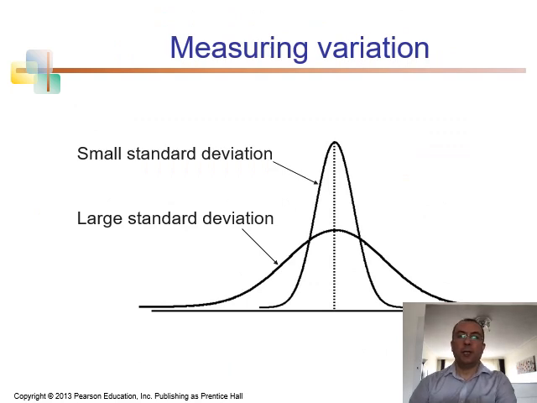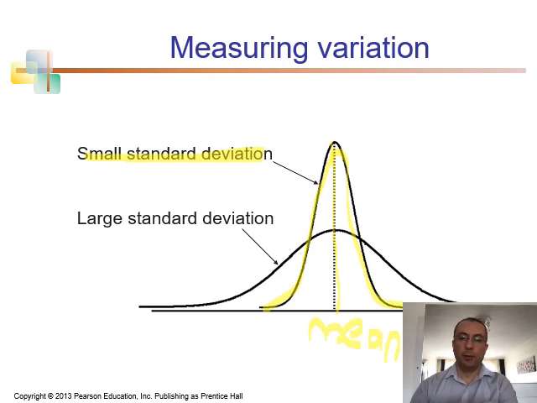Now you see different graphs here. They have the same mean. Actually, the mean is the same. But this one has a smaller standard deviation here. The yellow one, let's say, has a small standard deviation.